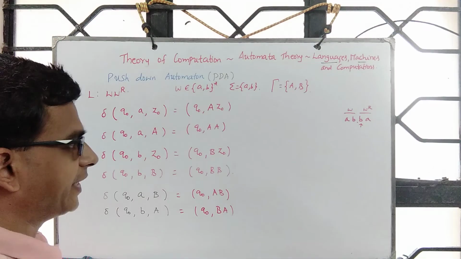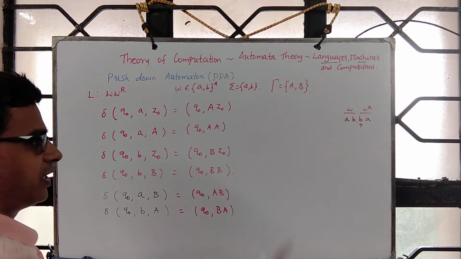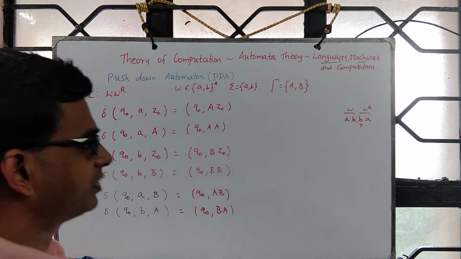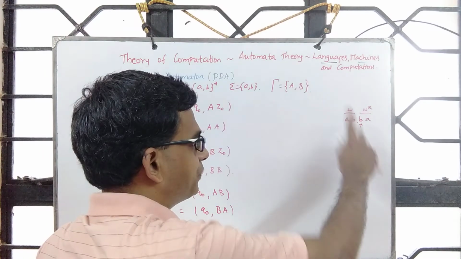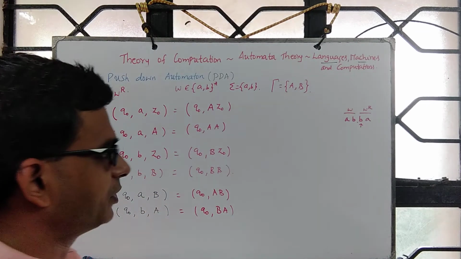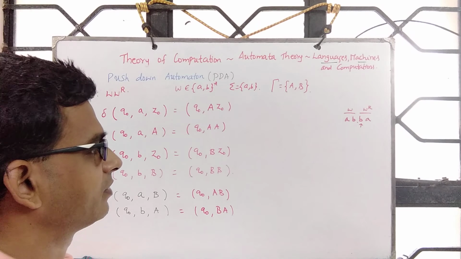So how will we take that call? So when you are reading this B, I have to take a call that I should switch, and then start performing the pop operation.